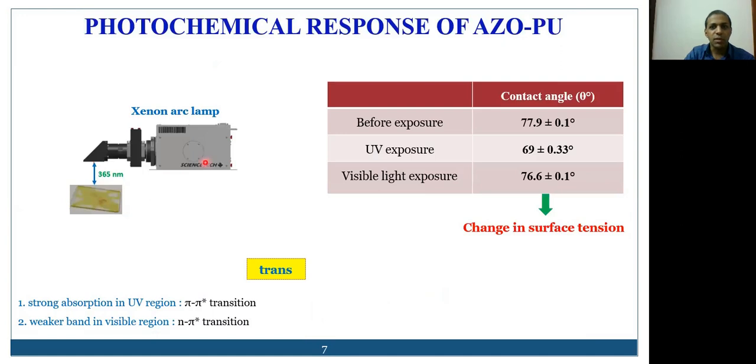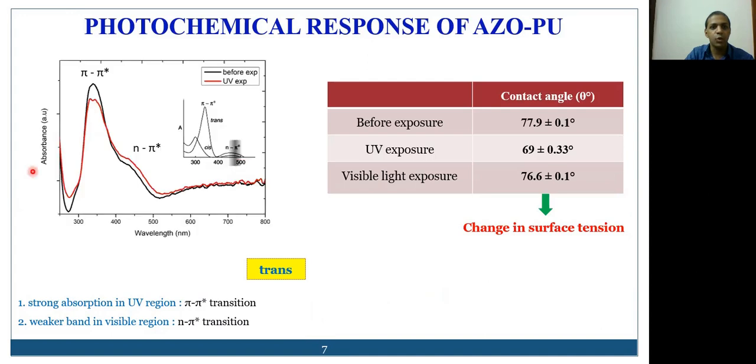Now we expose this thin film of azo-PU to an intense beam of 365 nanometers using bandpass filters in a xenon arc lamp. And here are the UV-visible absorbance spectra of the film before and after UV exposure.